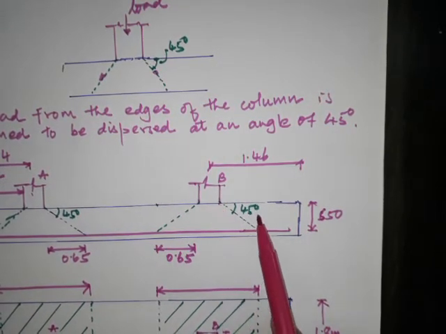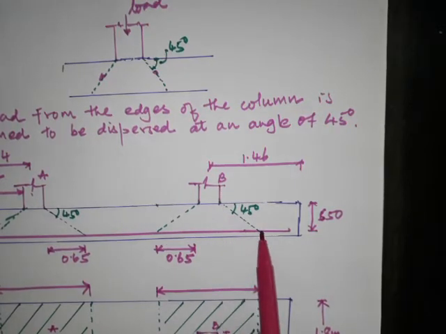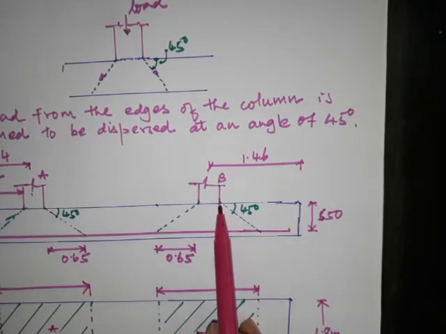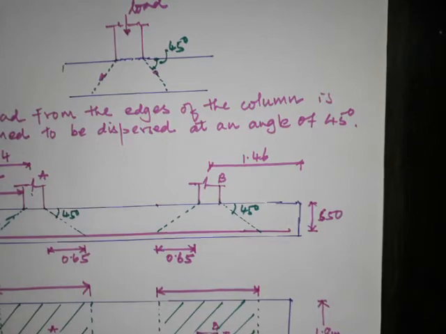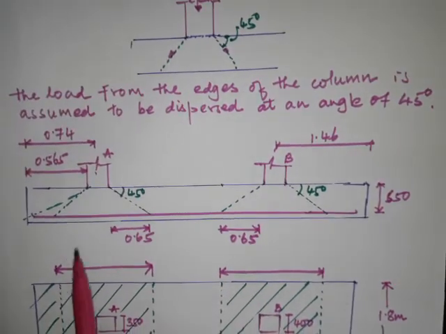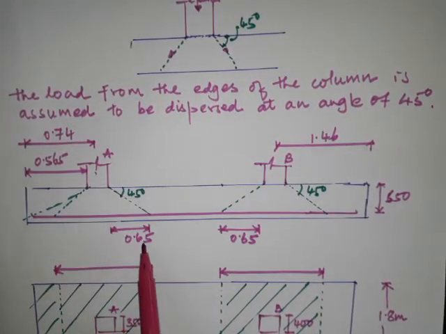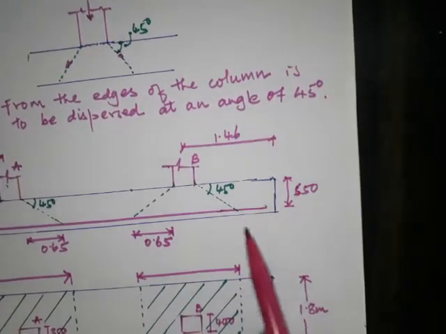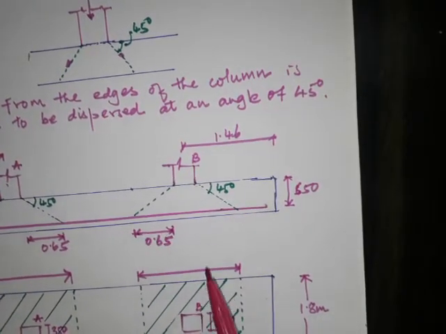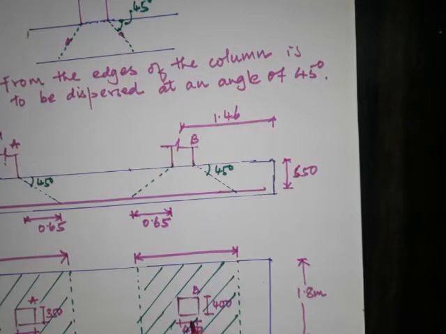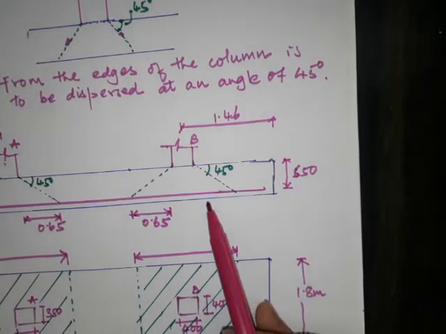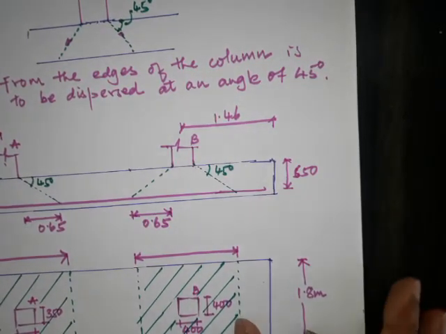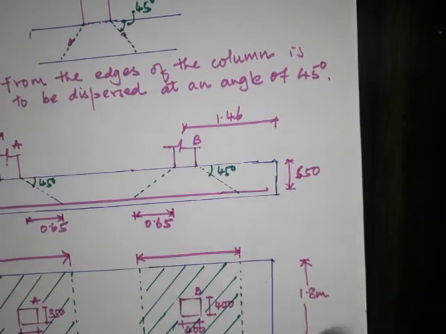So I can use 0.65 because that time the dispersion will not cross the edge of the footing. As you see here, the dispersion has crossed because 0.65 is more than 0.565. But here it will not happen like that. So that time you can use 0.65 plus the column size, 0.4, plus 0.65.